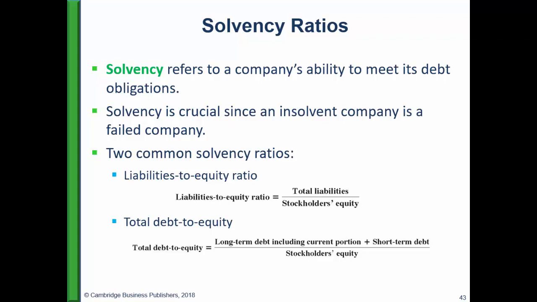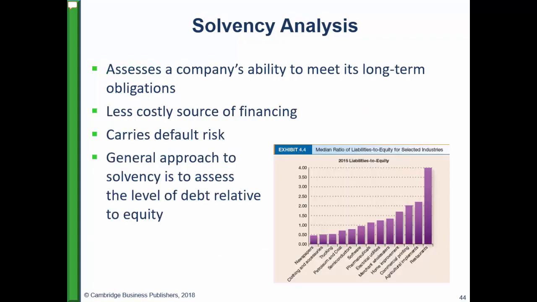It's not a pension liability, it's not a deferred tax liability, and it's not accounts payable. Those are not considered to be debt. So all those liabilities would be included in liabilities to equity ratio, but they would not be included in the debt to equity ratio. So this focuses on long-term obligations, and this tells you what the company's overall approach to risk management is.